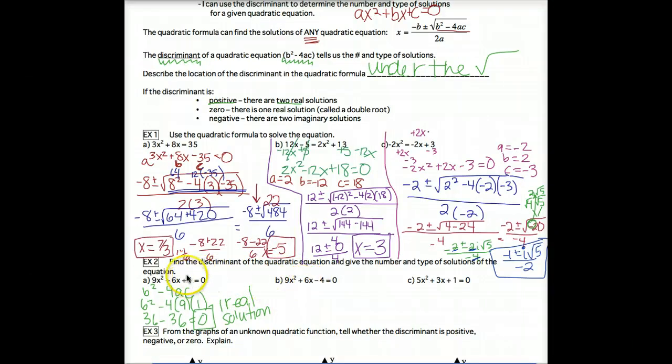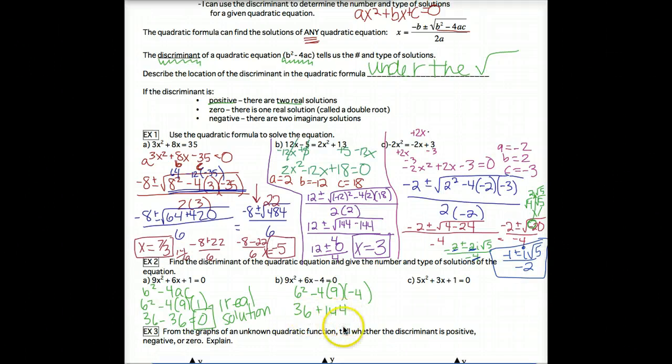Now, if I make a little change to c here, notice most of the front's the same. b squared, still 6 squared, minus 4 times 9 times -4. So I've got 36. Negative 4 times 9 is negative 36. Times 4 again is 144. So I'm going to add that.